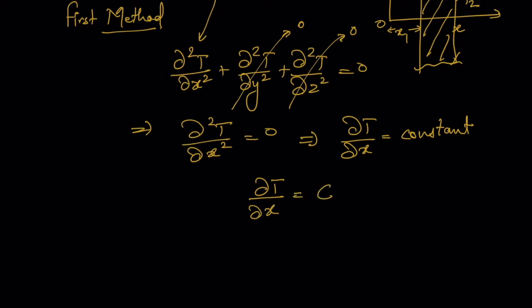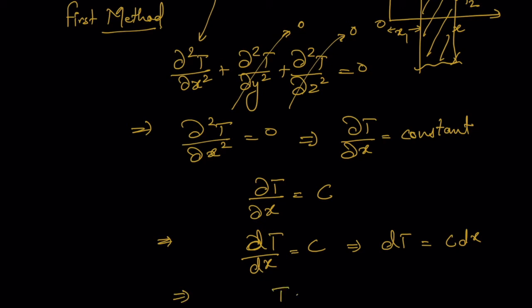Again integrating, so if y and z are constant, you can take del as d, dT by dx is equal to c. This implies dT equals c into dx, and if you integrate, it will be like T equals cx plus some constant d.